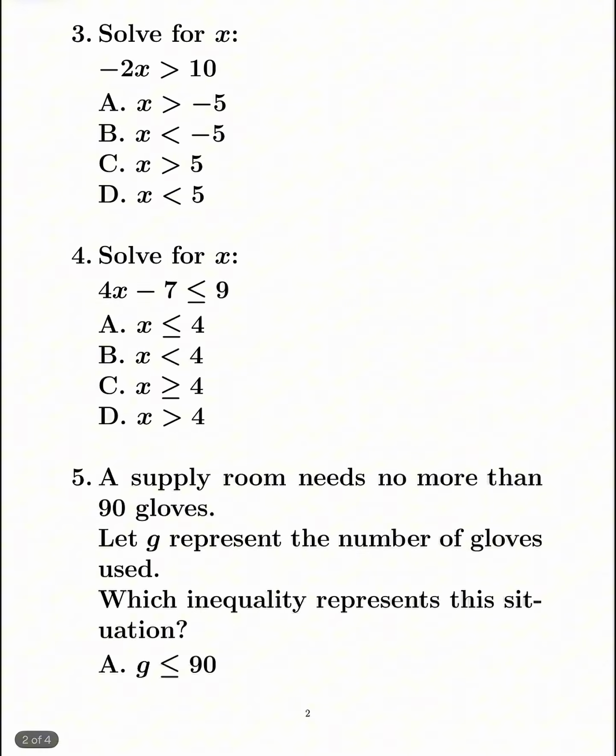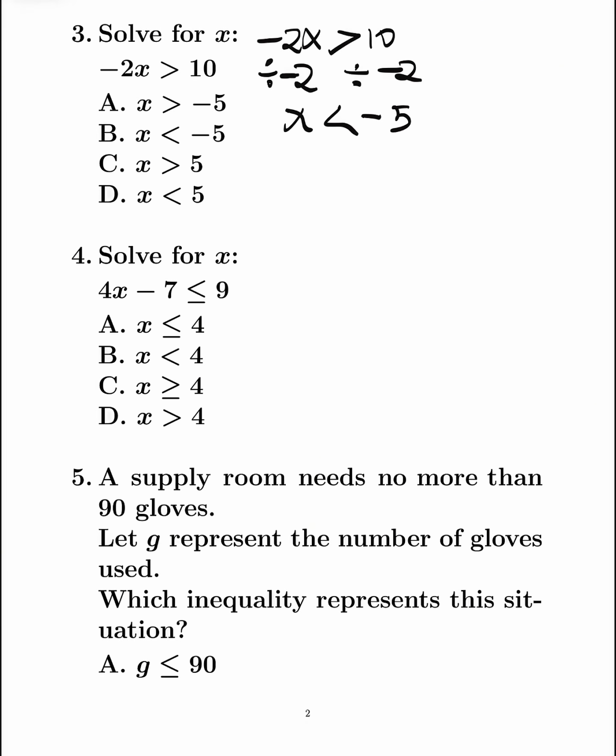All right. Let's look at question 3. Solve the inequality: negative 2x is greater than 10. In this case, we divide both sides by negative 2. Remember, when you divide an inequality by a negative, the inequality sign will invert. So x will instead be less than negative 5.